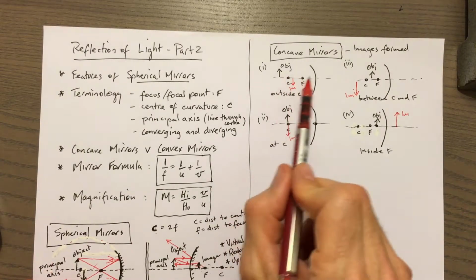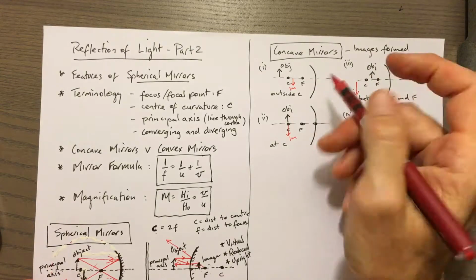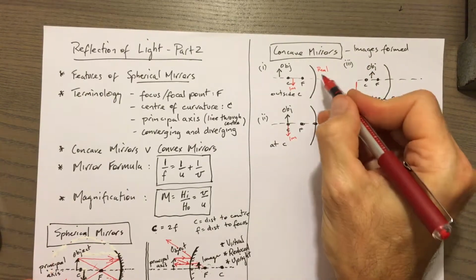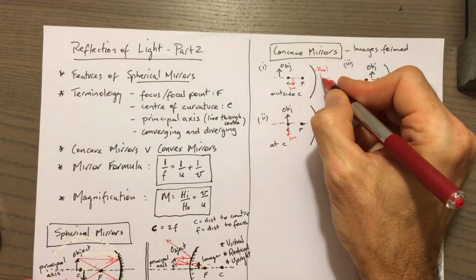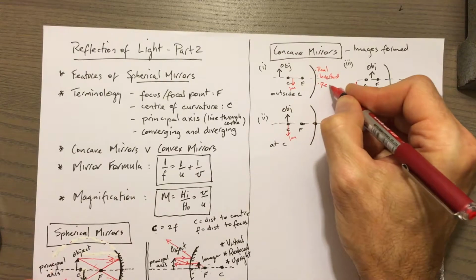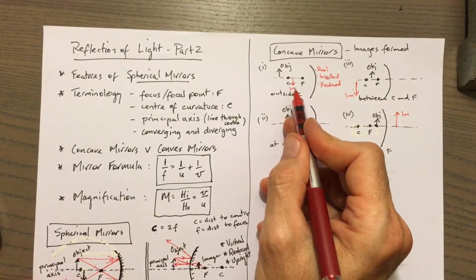So the thing to take away here is that this image is real, it's inverted, and it's reduced. We always find when it's outside of C that you'll get a smaller image.